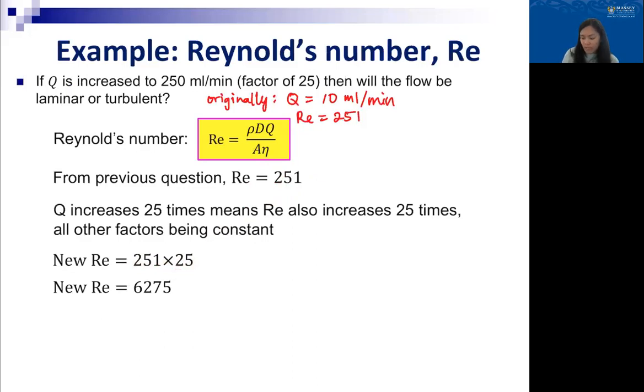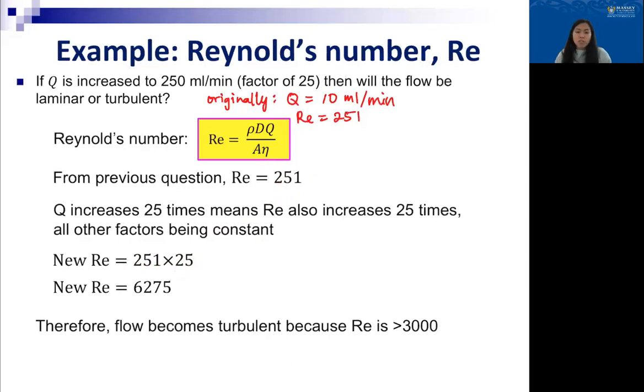Then you see that the Reynolds number is more than 3,000, therefore it will be turbulent flow. So it's really just determining Reynolds number and comparing it to the criteria for turbulent flow. Since Q is on top, it means that it's directly proportional to the Reynolds number.